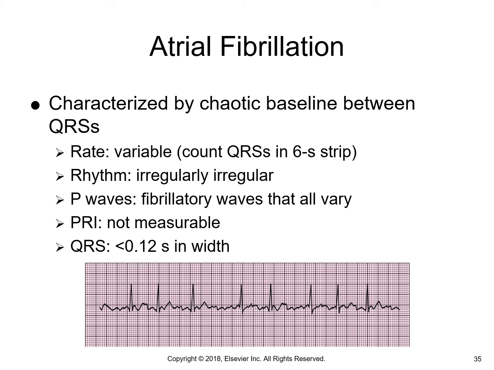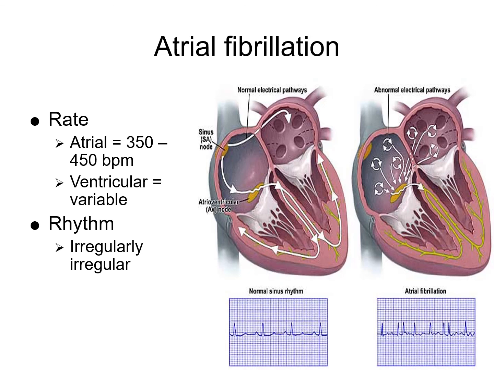You do not have a measurable P to R, and your QRSs are less than 0.12. Your atrial rate can be anywhere from 350 to even 450, so even higher than A flutter.